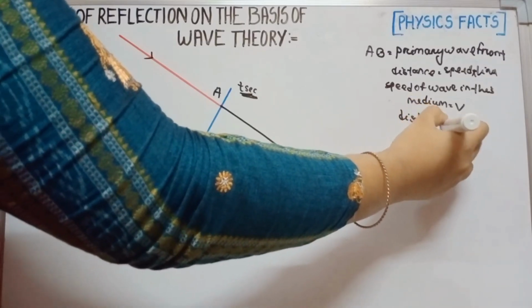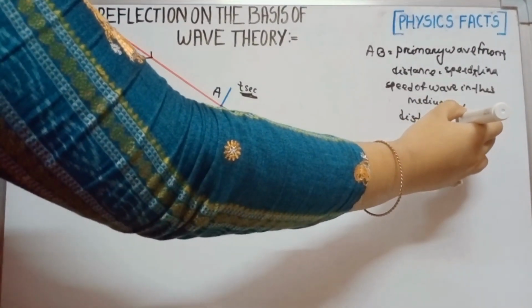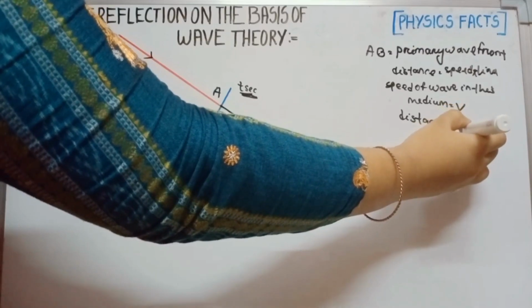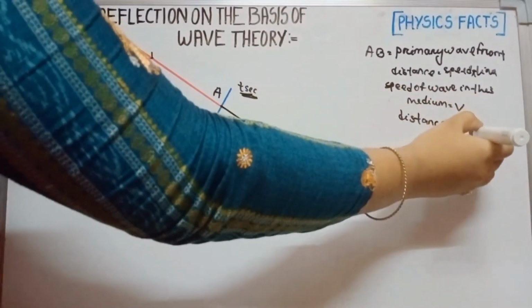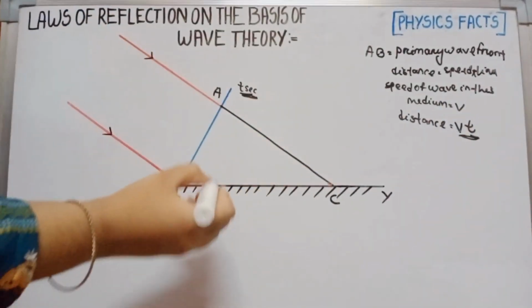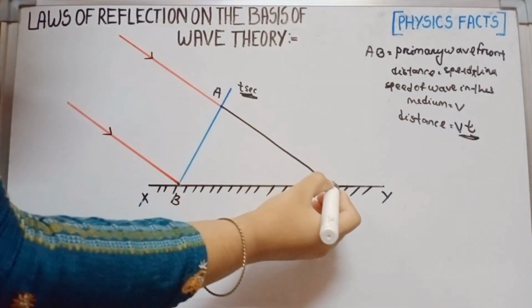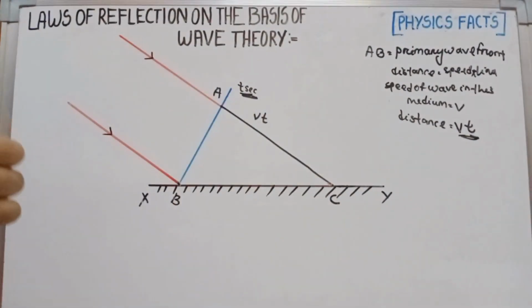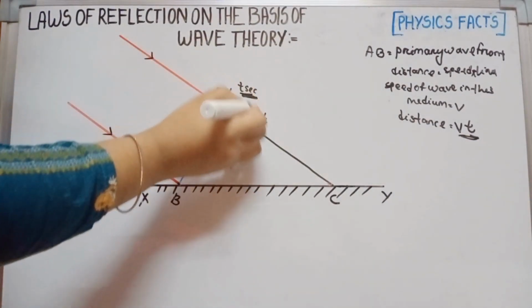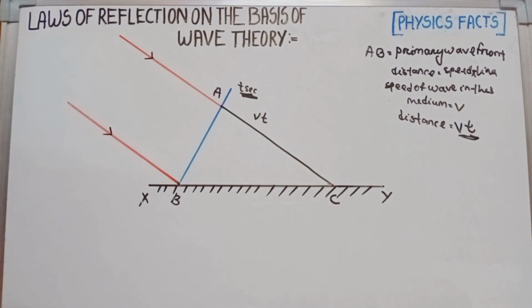The distance equals speed into time, and the time is t. So the distance is vt. That means from A to C, this distance is vt. In t seconds, it covered the distance vt.